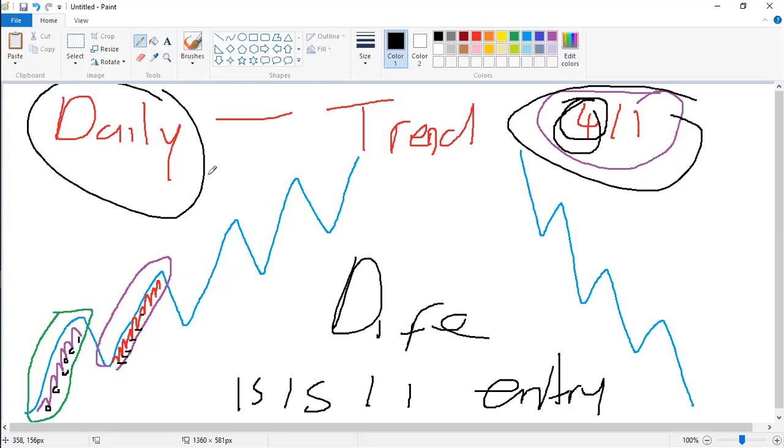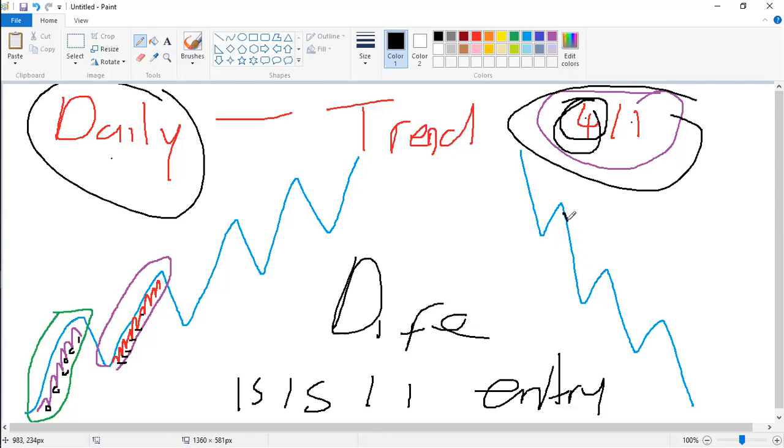But for the direction, if daily is bullish, you're only going to be buying on the 4 hour and 1 hour higher lows. If daily is bearish, you're going to be selling on the 4 hour and 1 hour lower highs only. You sell on the 4 hour, 1 hour, lower highs. So if we go to the daily, right?